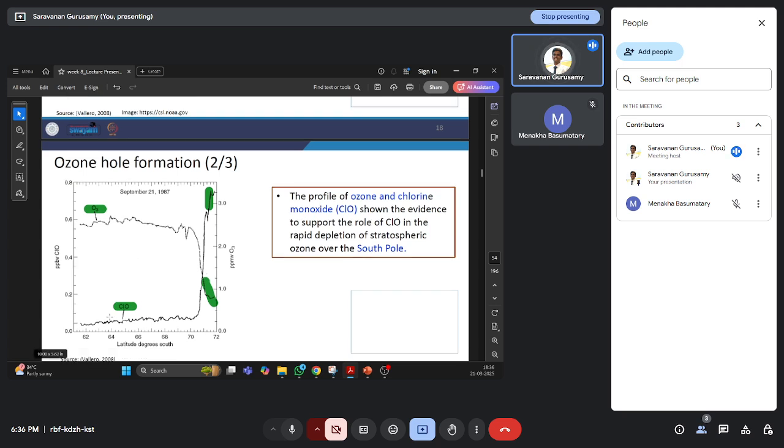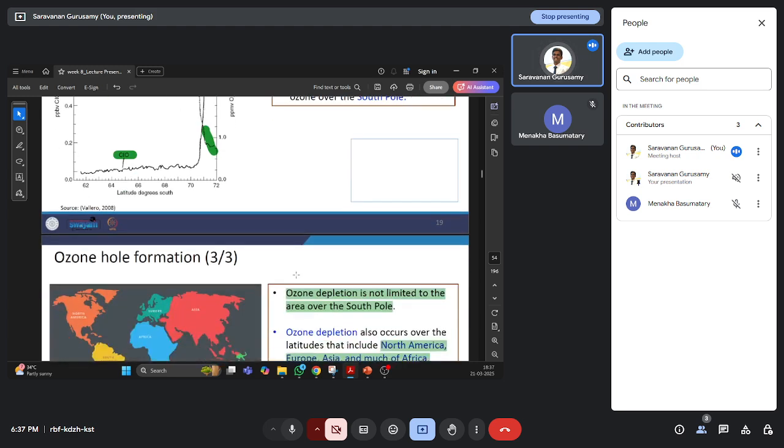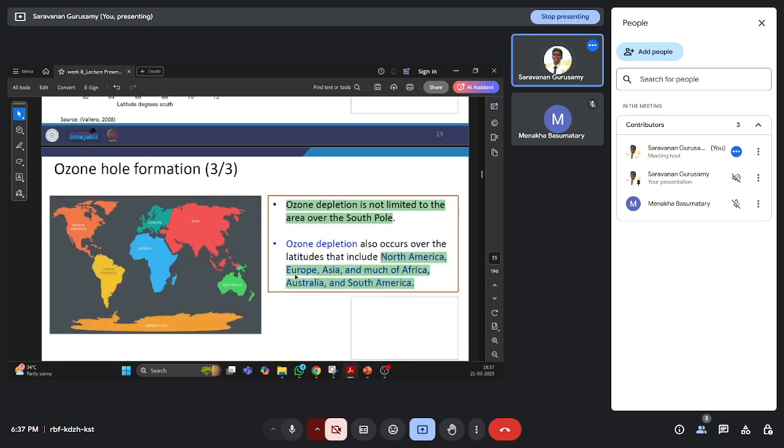So you can see the 1987 data at latitude. You can see this area having higher ClO and lower ozone. So the ozone level is getting reduced, and the chlorine monoxide level is getting increased.